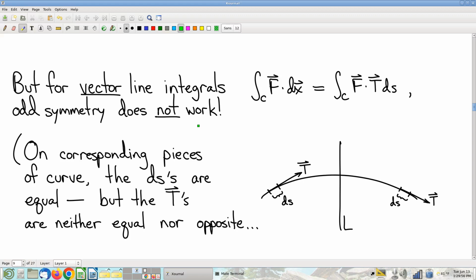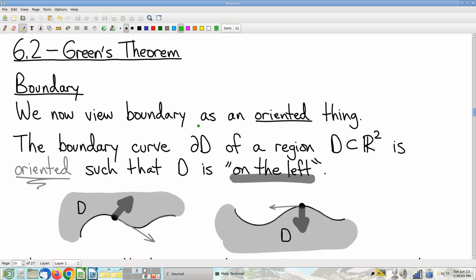Okay. All right. So 6.2. 6.2 is a weird section. It's our first glimpse into a weird world that we're going to see in several of the sections to follow in chapters 6 and 7. So there's some new ideas.